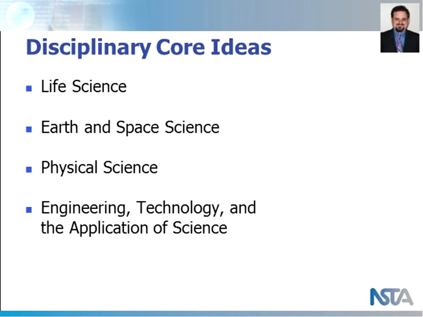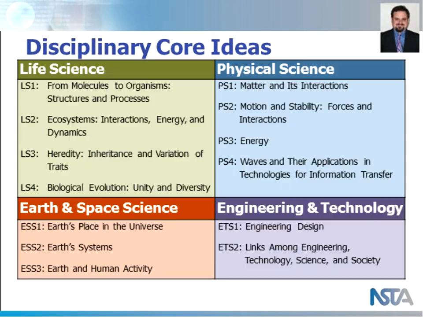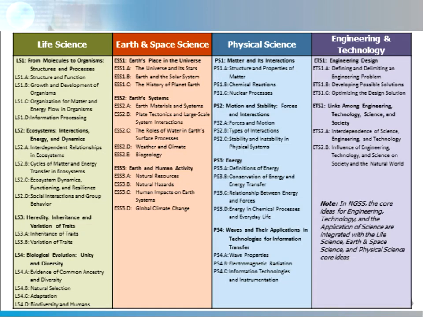Finally, we get into the disciplinary core ideas, what you think of as scientific concepts in life science, earth and space science, physical science, and a new piece here, engineering, technology, and the application of science. And within each of these four, the framework breaks things down into more specific pieces. And then those are broken down even into more detail.